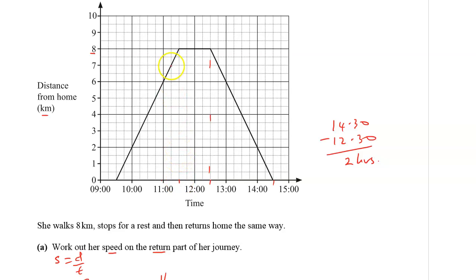So you need to draw the graph up to this point right there. So get your drawing tools, then start from here, then come all the way to this point.